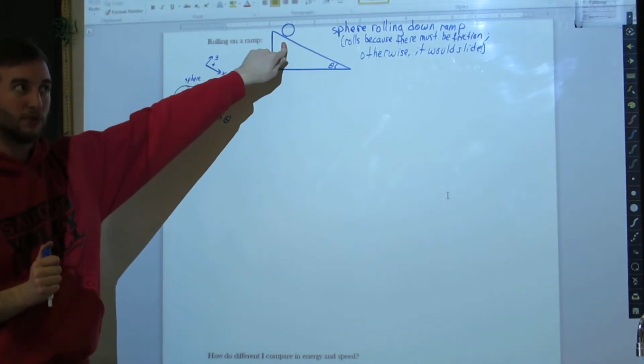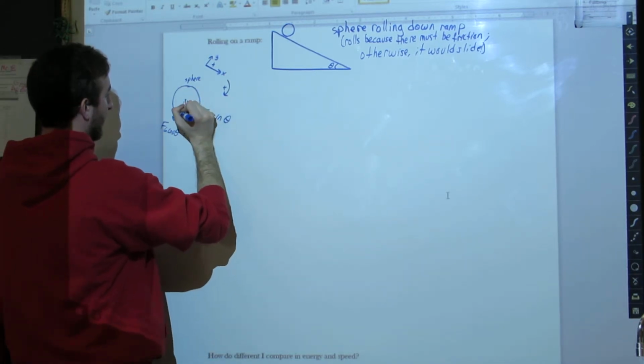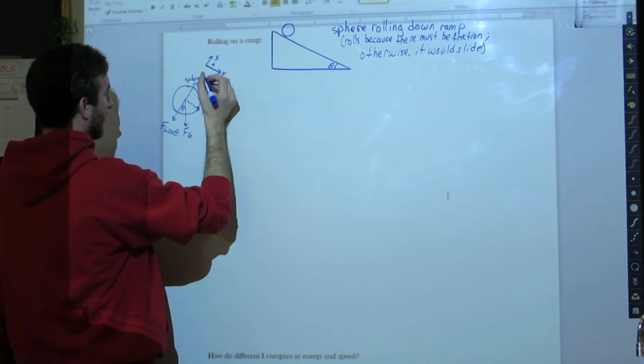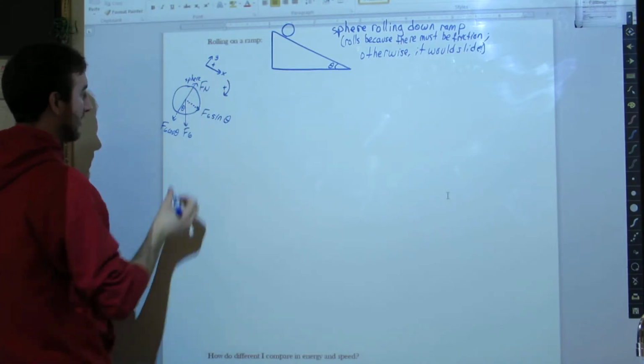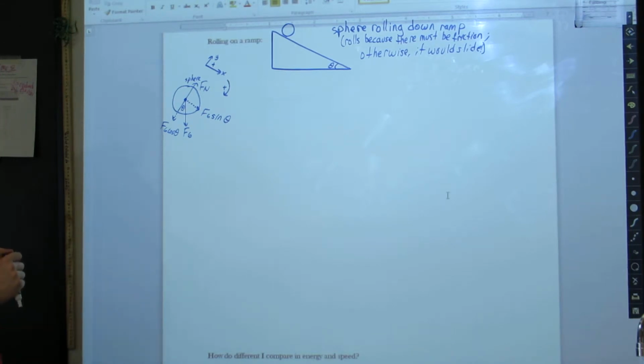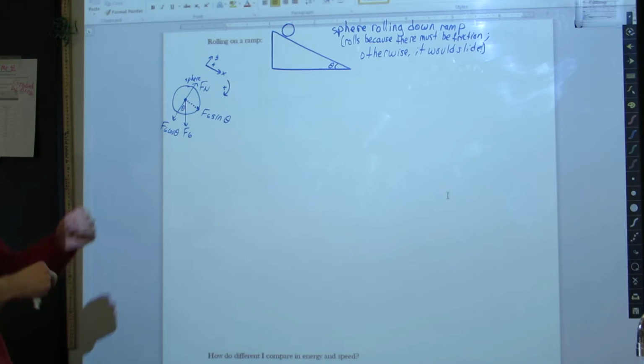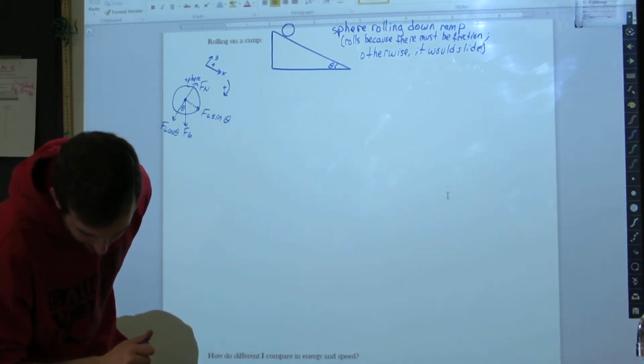It's on a ramp surface, so we know that there must be a normal force acting on it. Normal force acts from the point of contact up like this. Okay? By the way, the axis of rotation for the sphere is right here at the center of the sphere. It's rotating about its center. Okay? Let's see here, what else?